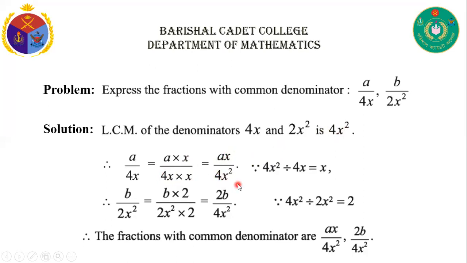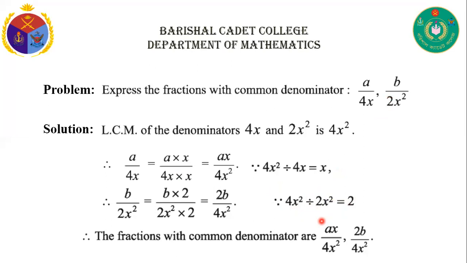Similarly, we can find the quotient of the second fraction. The LCM of the common denominator is 4x squared, and the denominator of the second fraction is 2x squared. So 4x squared divided by 2x squared equals 2. Here the quotient is 2, so we multiply the numerator and denominator of the second fraction by 2.